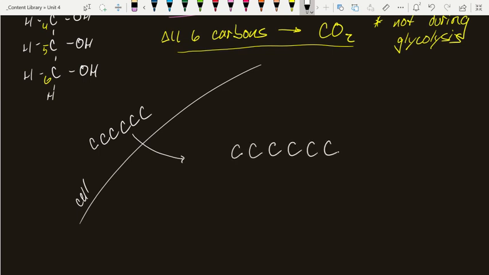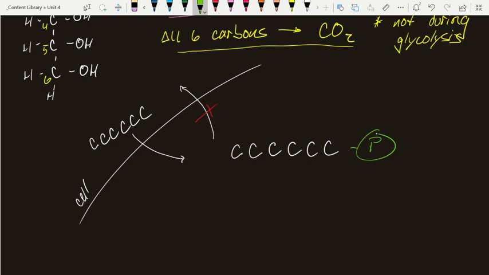Of course, because this is facilitated diffusion, if concentrations on the inside got even higher than they were on the outside, glucose is just as likely to go back out. Of course, I don't want that to happen. That I can't allow. So the first thing that I'm going to do as glucose comes inside is tag it with a phosphate group, and I'm going to attach this onto the end, to the number 6 carbon, generating glucose 6-phosphate.